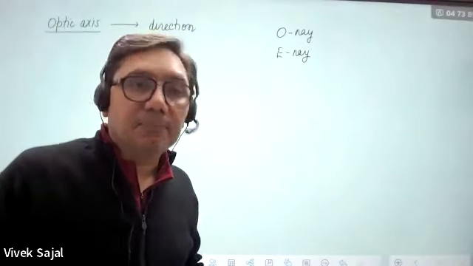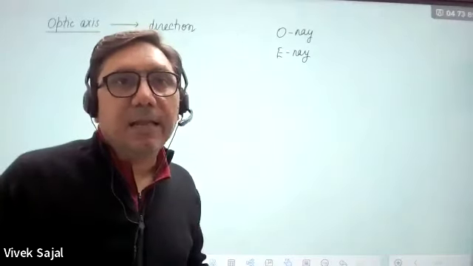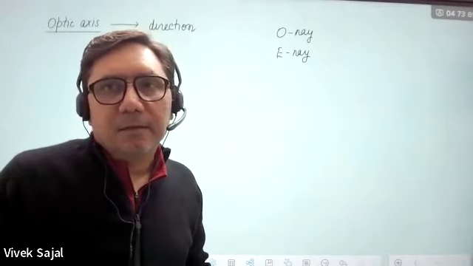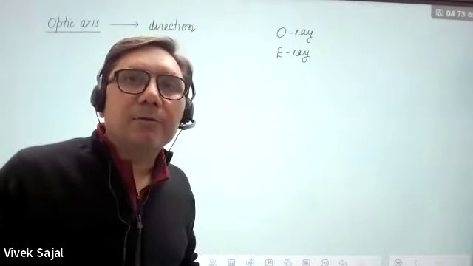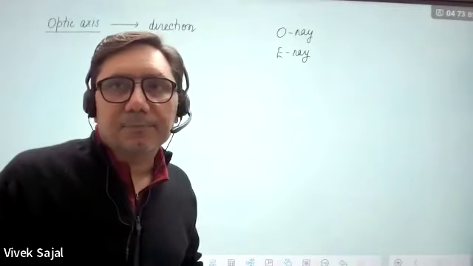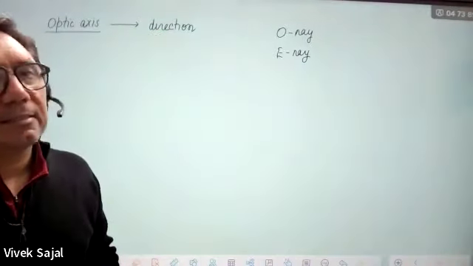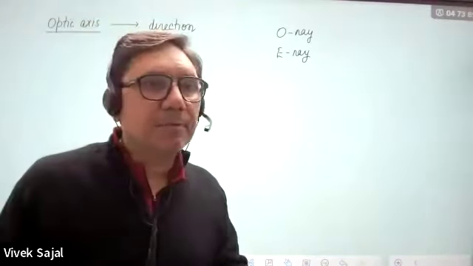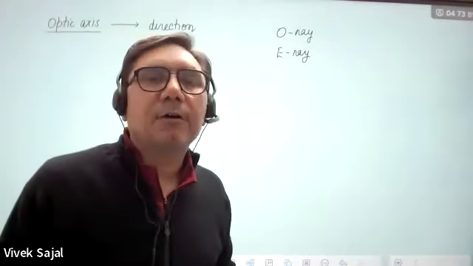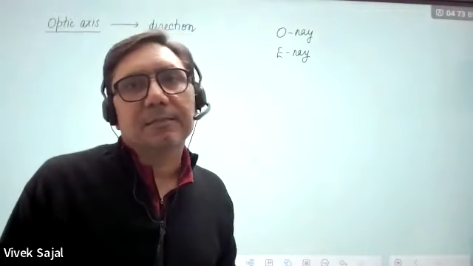In the next line, please write: any line parallel to the optic axis will also act as an optic axis. Any line drawn parallel to the optic axis will also behave like an optic axis.